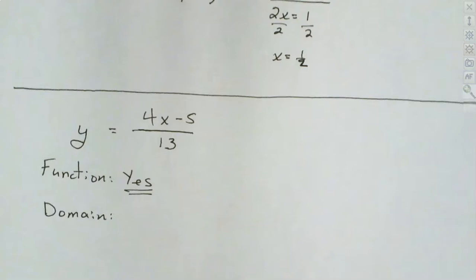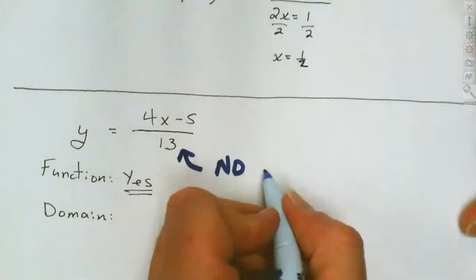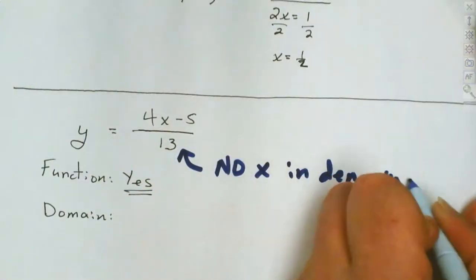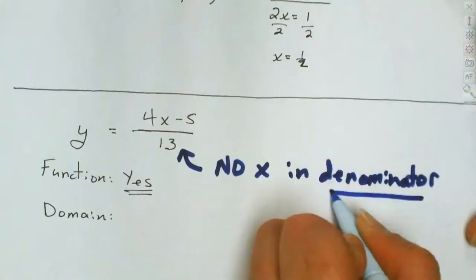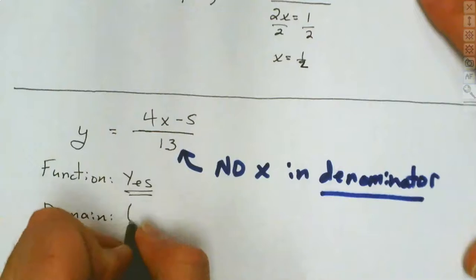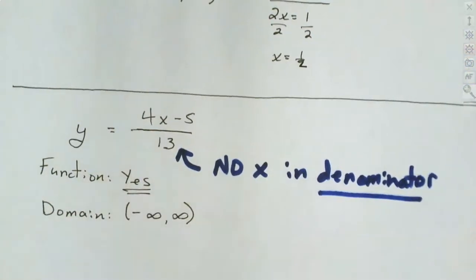So there's no x in the denominator. So that means my domain, since there's no division by 0, would be negative to positive infinity. If there's no x in the denominator, I can't solve anything equal to 0. So my domain would be negative to positive infinity.